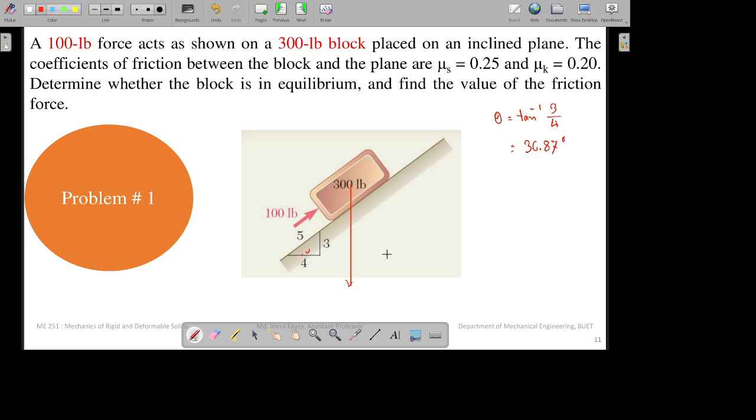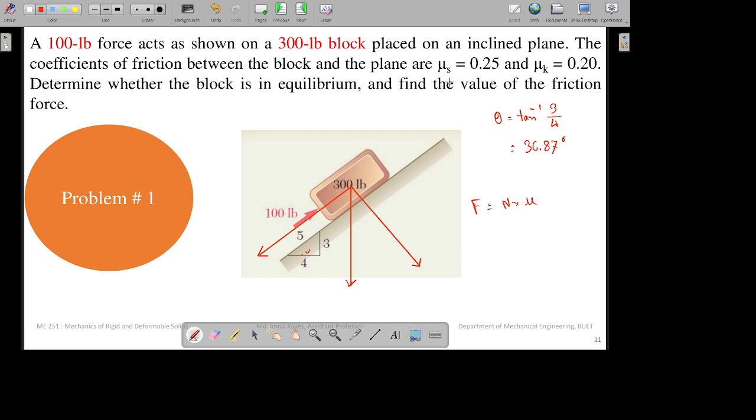Now we will break this vector into two components. One component will be in that direction, and the other component will be in that direction. We are breaking the weight vector into these two components because we have to find the friction forces. To do that, you must know the value of the normal force, because friction equals n into mu.